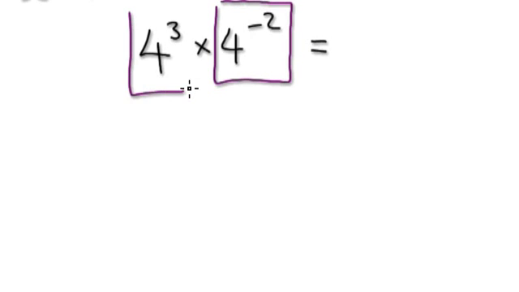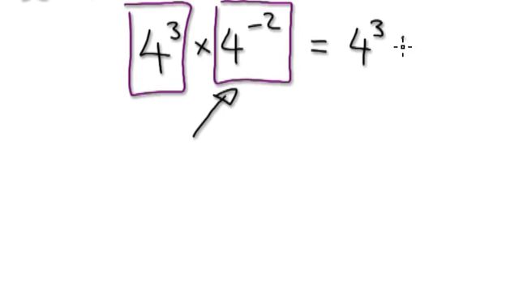Let me just write this down. 4 to the power of 3. Now, when you see this here, it's hard to understand what's going on. You can just visualize it as this: 1 over 4 squared. So when there's a minus in here, it's hard to understand what's going on. So jump to 1 over 4 to the power of 2.